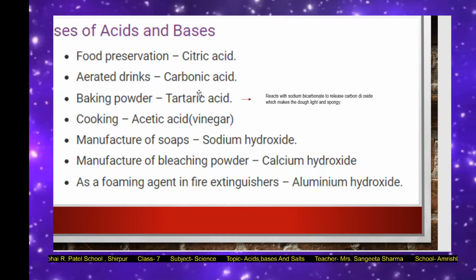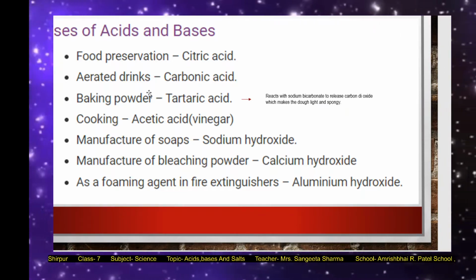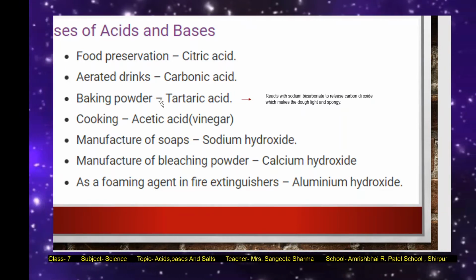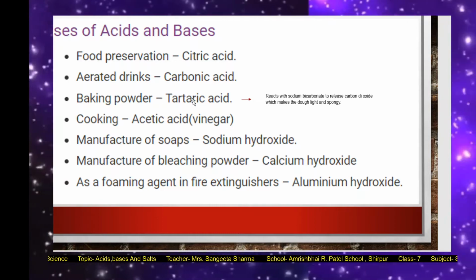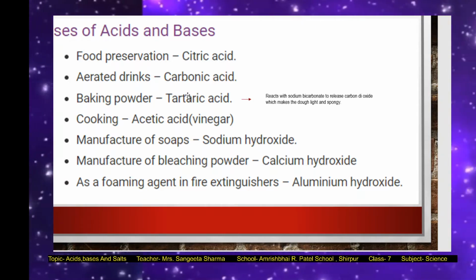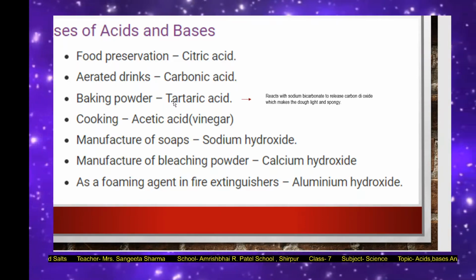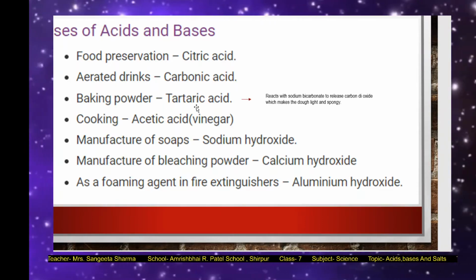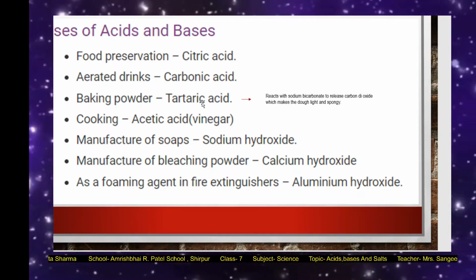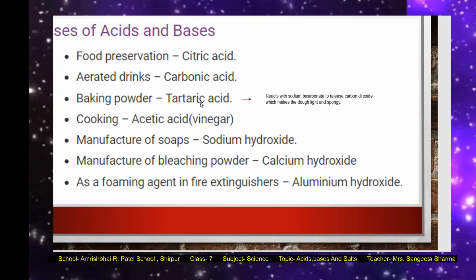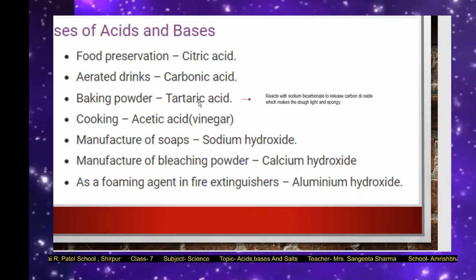Whenever we use baking powder in the batter of a cake, or in any dough, why is this food fluffy, light and spongy? Because of this tartaric acid. It reacts with sodium bicarbonate, and in this reaction carbon dioxide gas is released, and that makes the dough light and spongy.